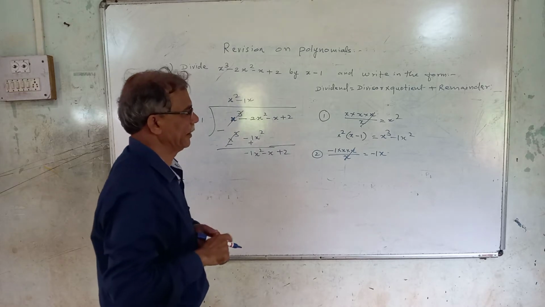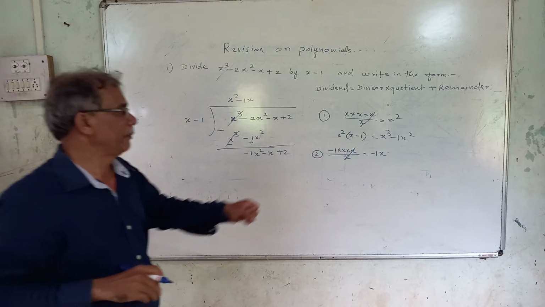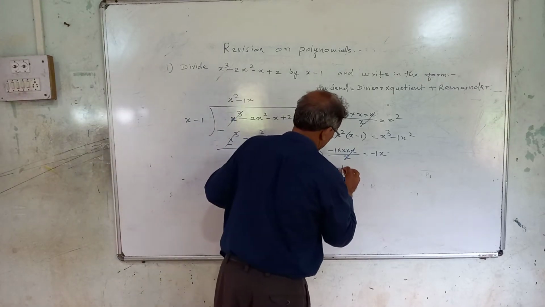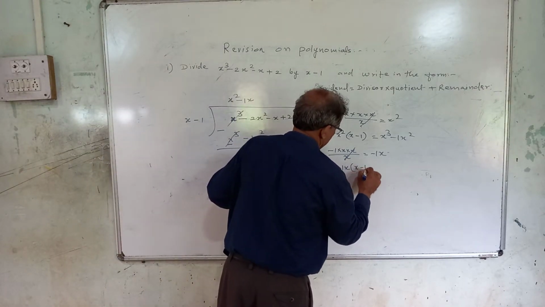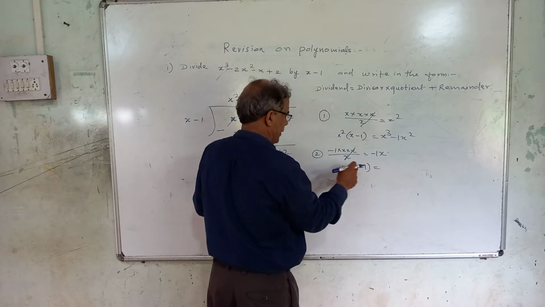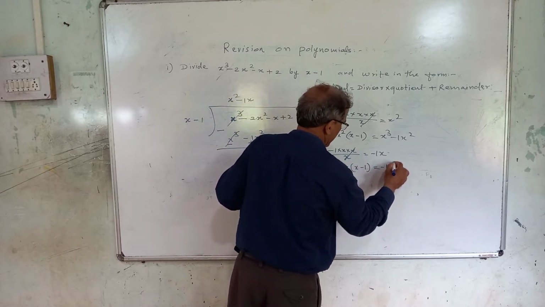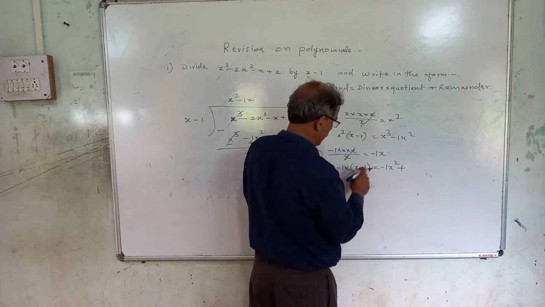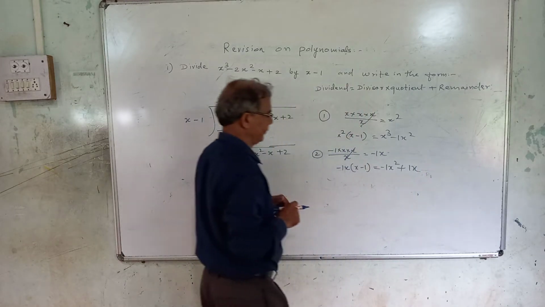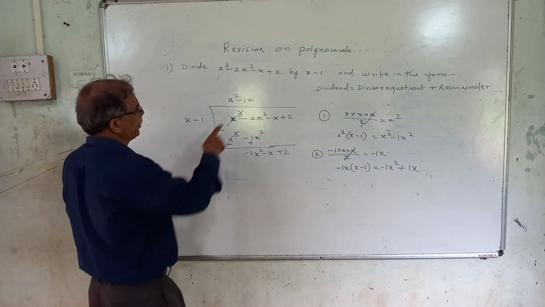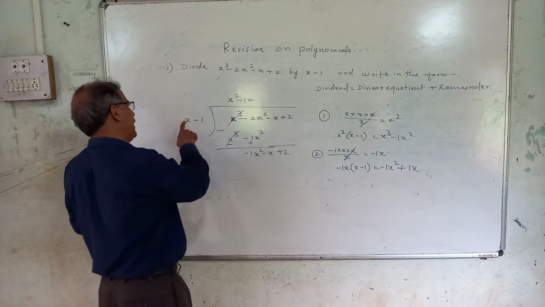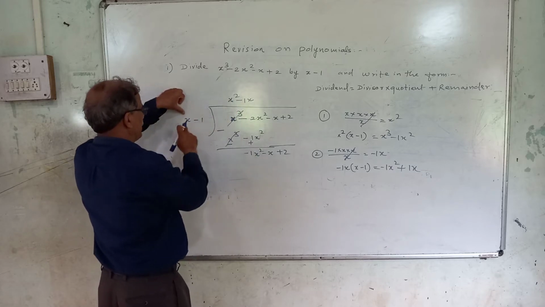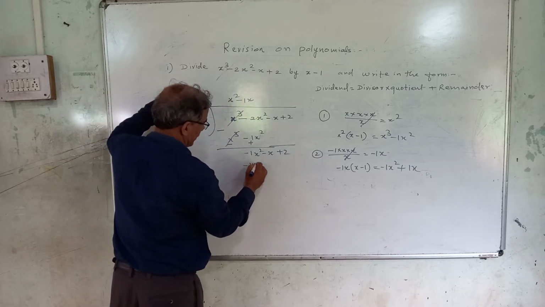Minus 1x. Now what you will do? By this minus 1x, you multiply here. So minus 1x into x minus 1. So minus 1x into x, minus 1x square. Minus 1x into minus 1, minus into minus plus 1x. So this will come here. Even by this minus 1x, you can directly multiply right here. See, minus 1x into x, minus 1x square.